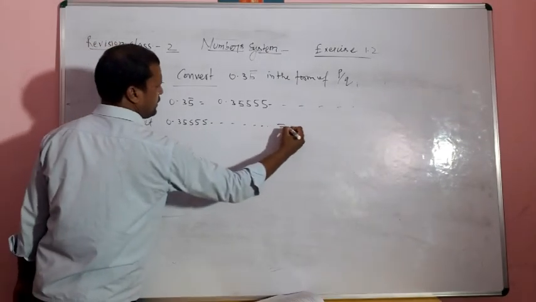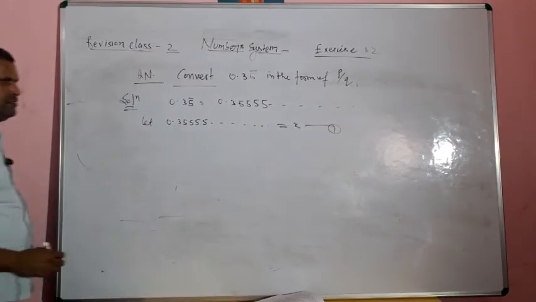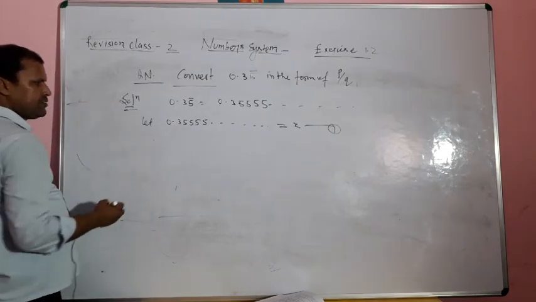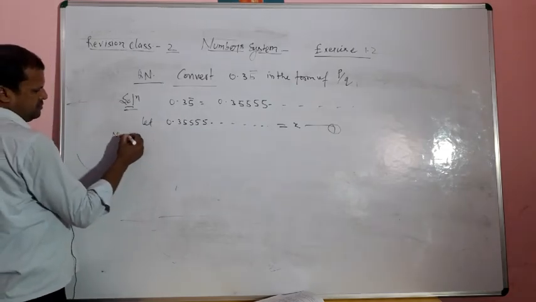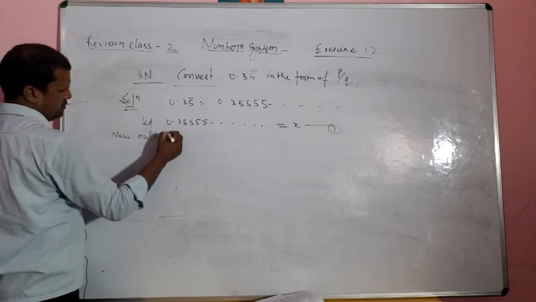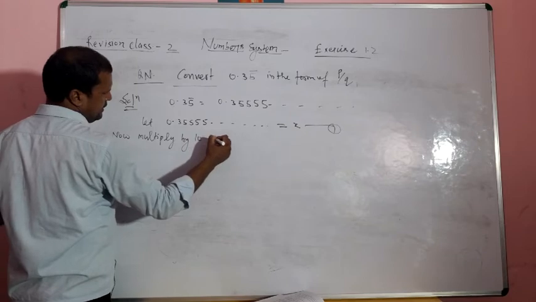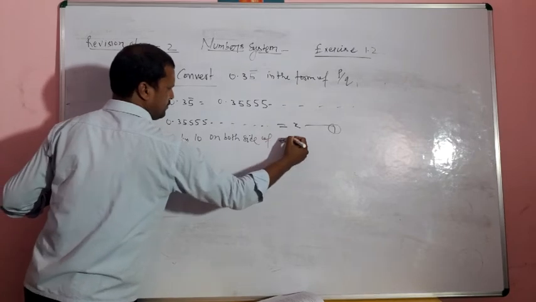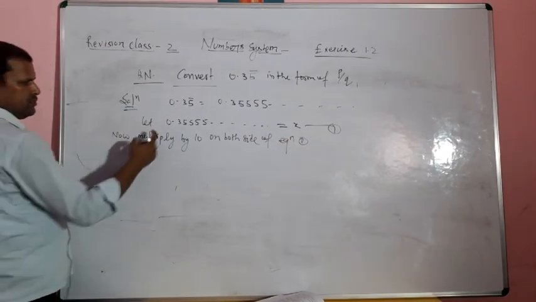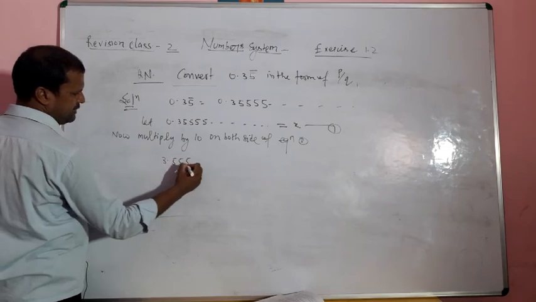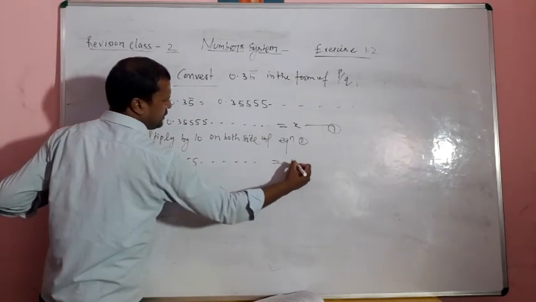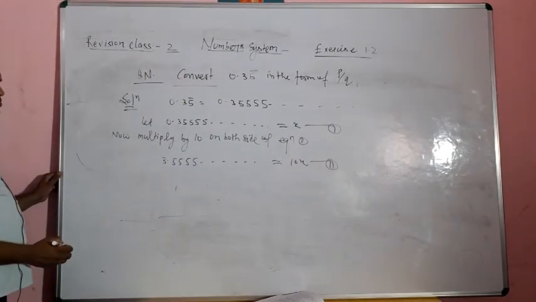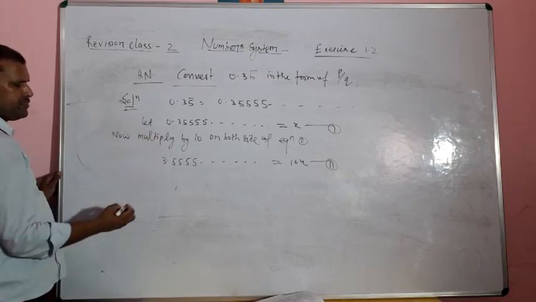Let 0.35555... equal x, it is equation 1. Now multiply by 10 on both sides of equation 1. So it becomes 3.5555... equal to 10x, equation second. Now subtract equation 1 from equation second.